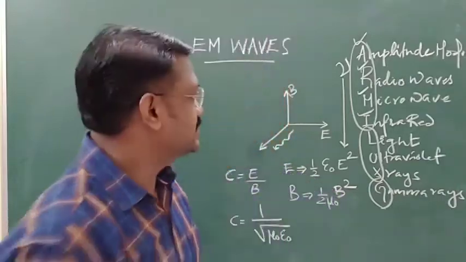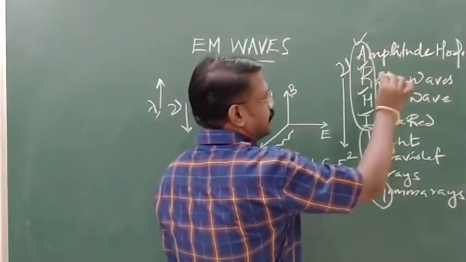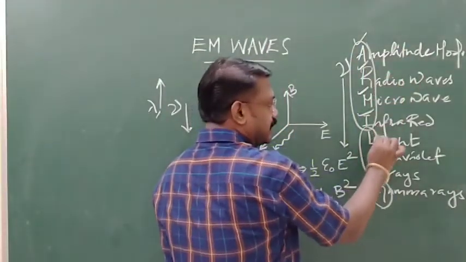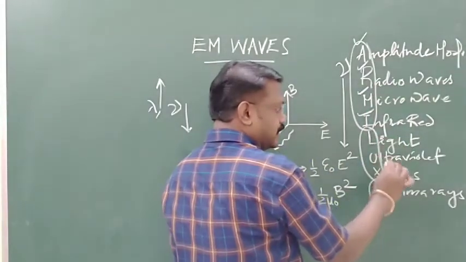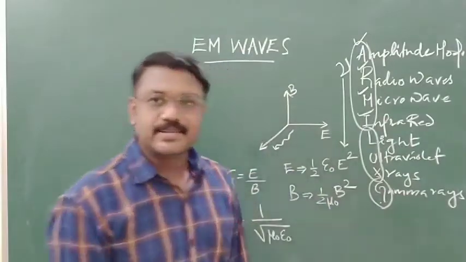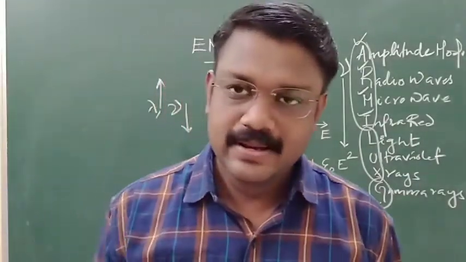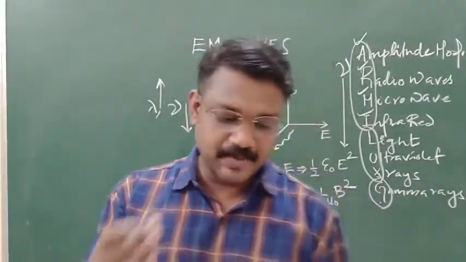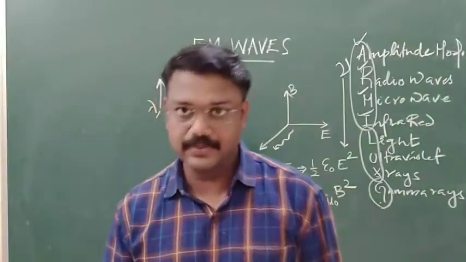See, amplitude modulated wave, radio wave, microwave, infrared, light, UV, X-rays, and gamma rays. That is the electromagnetic spectrum in the increasing order of frequency.